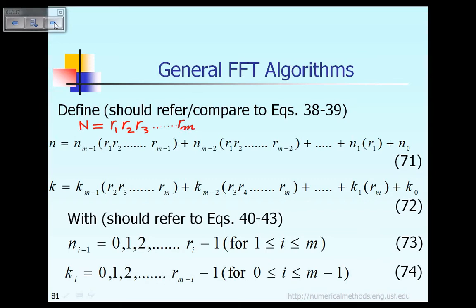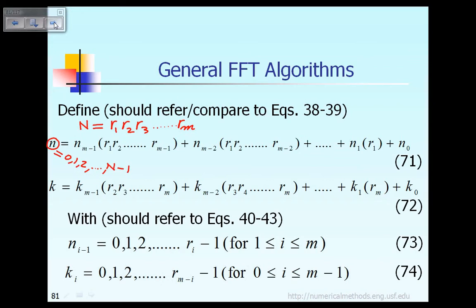That means capital N can be expressed as the product of m integers. Well, in that case then the small index n is supposed to go from 0, 1, 2, and so on, up to capital N minus 1.